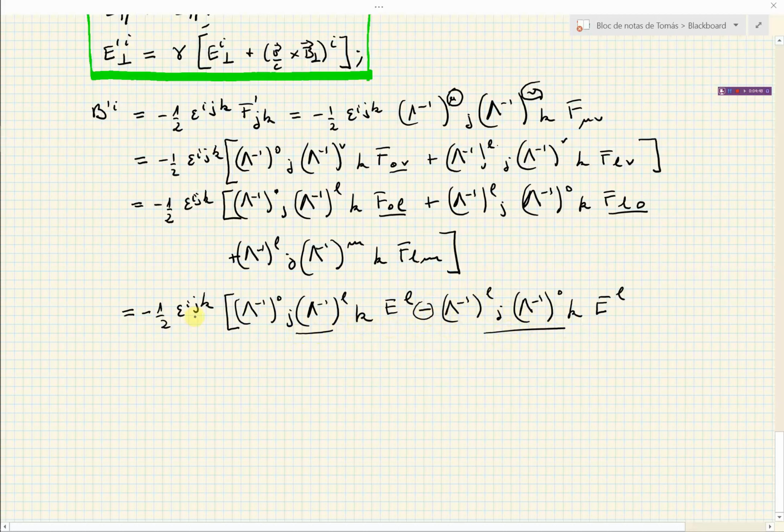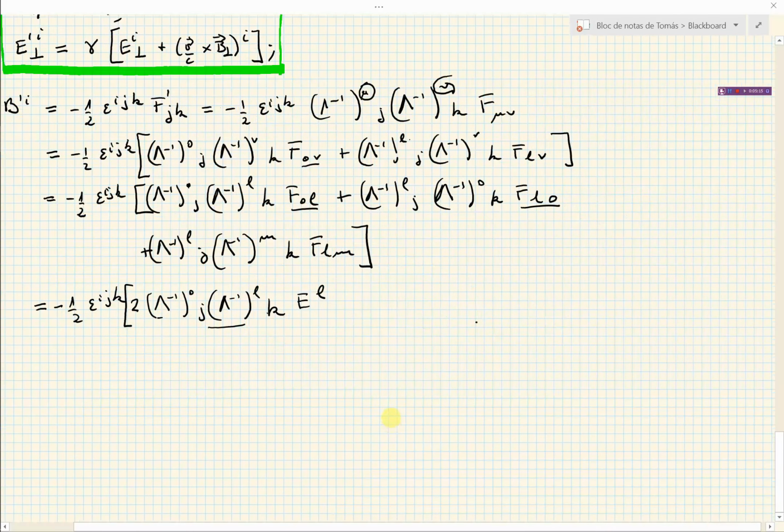Since this is contracted with J and K, and anything contracted with J and K would be antisymmetric, this first term already is antisymmetric in J and K. So this term and this term are the same, and I can delete one of them and just add a factor of 2. Okay, we get rid of this term because it is already contained in this factor of 2, and move forward.